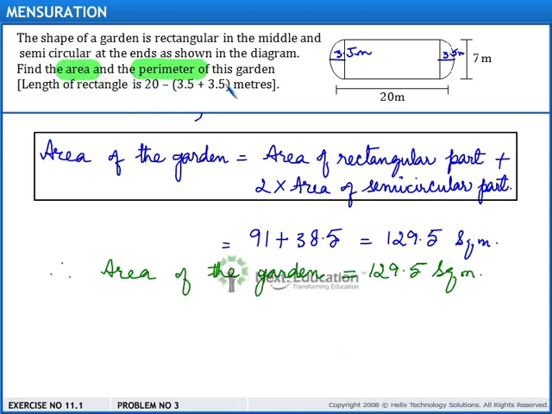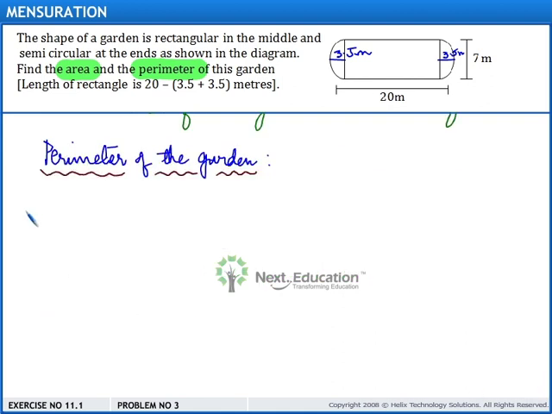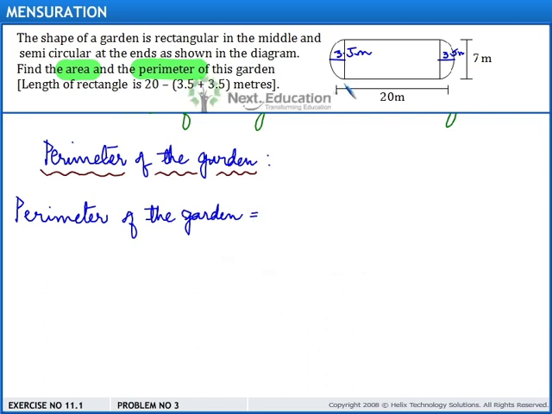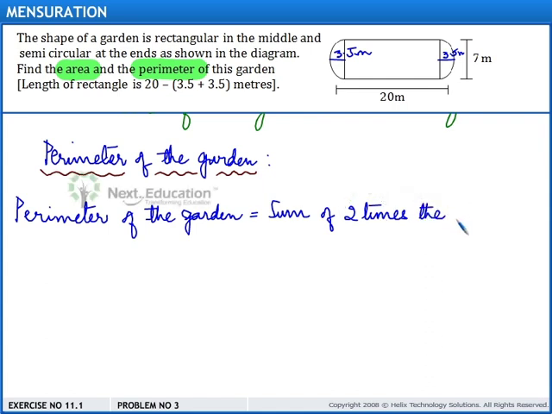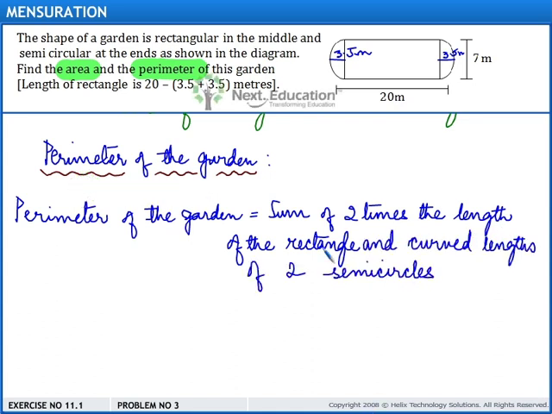Now let's see the perimeter of this garden. Perimeter of the garden is equal to sum of 2 times this length of the rectangle and the curved length of these two semicircles. We know the length of the rectangle.